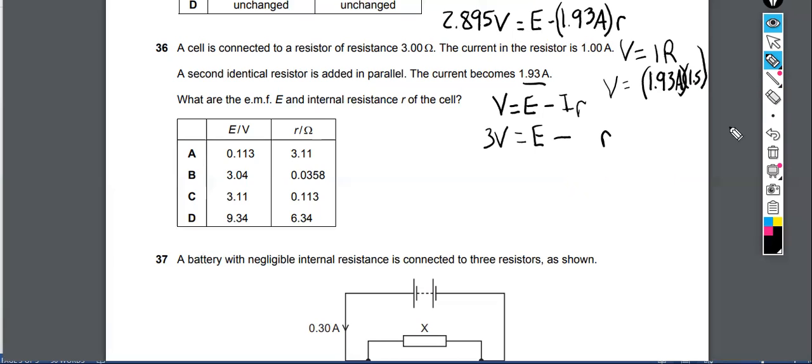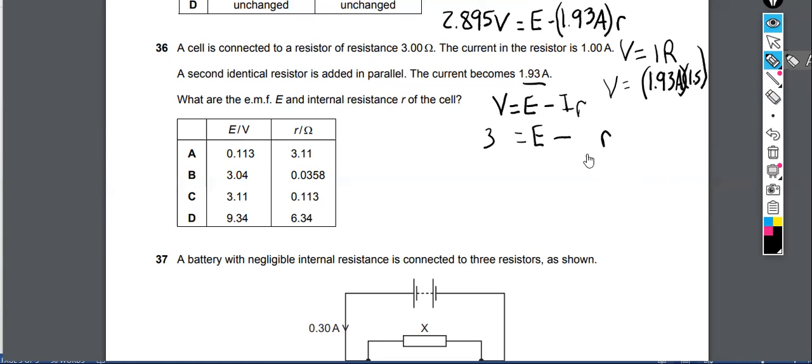Okay. So I've got 3. How laggy it is. So I got 3 equals E minus R, right? Our first equation.